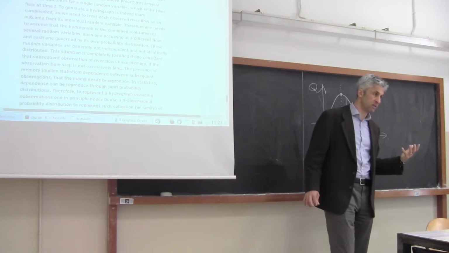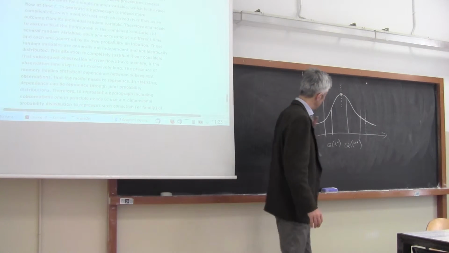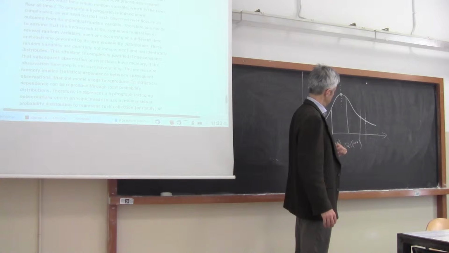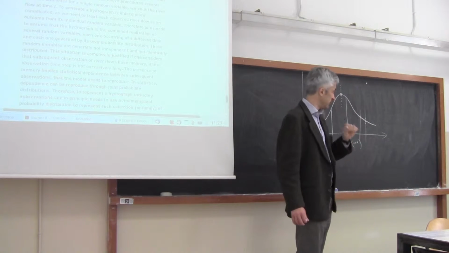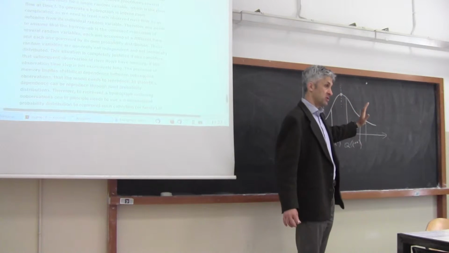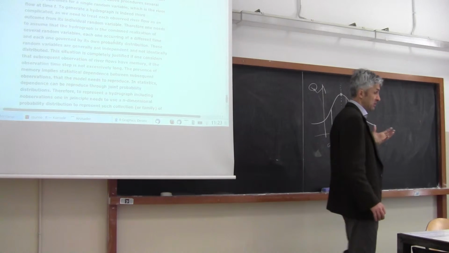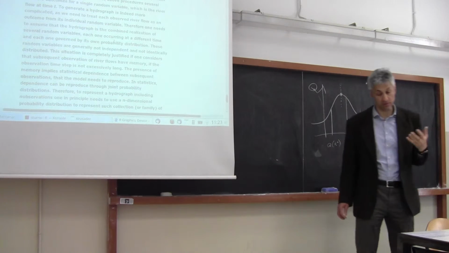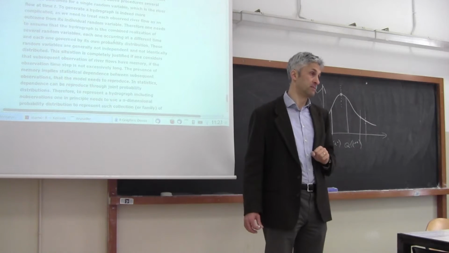So I think I provided full justification for the idea of considering several different random variables for generating synthetic hydrographs. But still, you must be concerned by the fact that defining so many probability distributions looks extremely complicated.